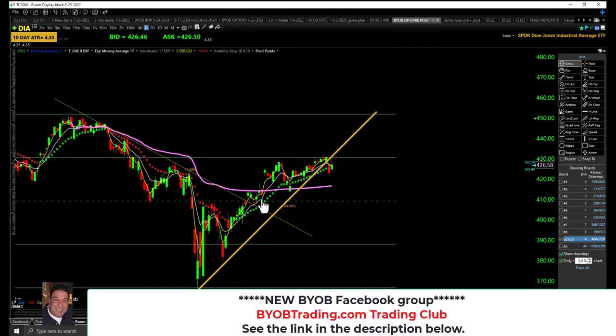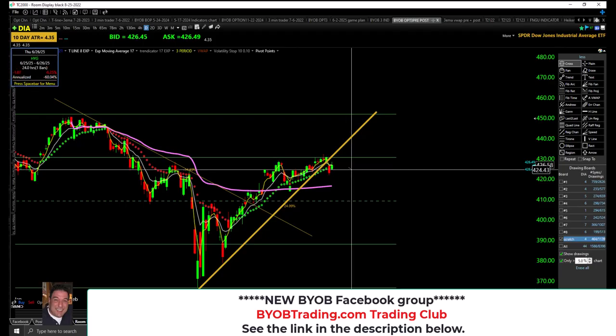Making higher lows and higher highs, that's bullish. Consolidating and holding the higher ground, also bullish.